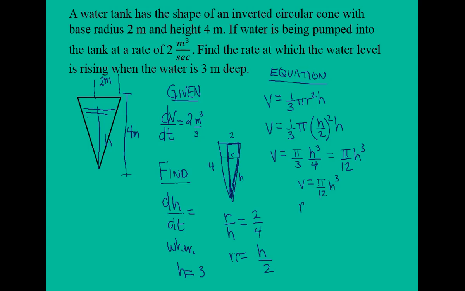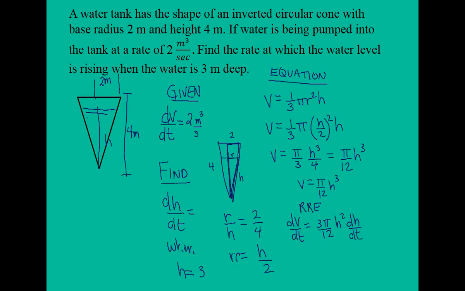Now we can find our related rate equation. We would get dV/dt equals, now we bring the 3 down, so we'd have 3 pi over 12 h squared dh/dt. And you can see we haven't lost our dh/dt.